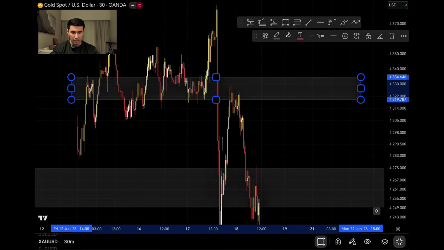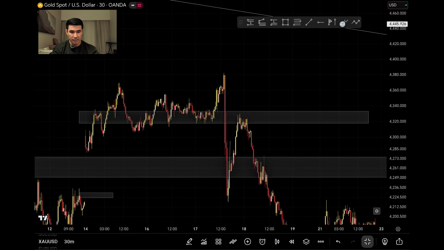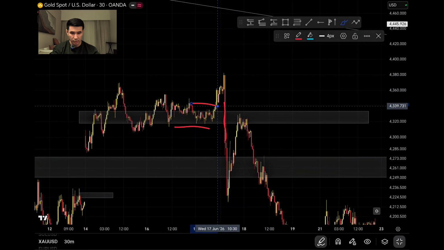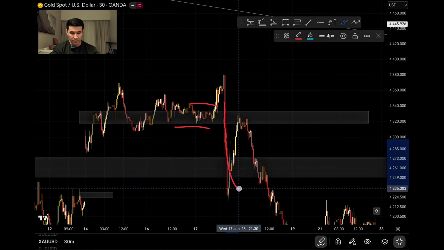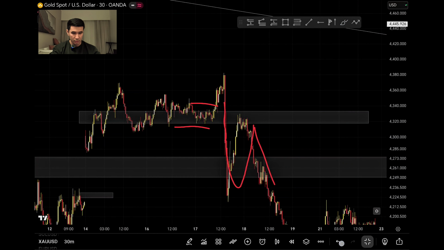Before, you see, this area was working as a support for the market, and after it breaks this support zone, now it becomes resistance. Whenever the market comes, it will kick it down again.